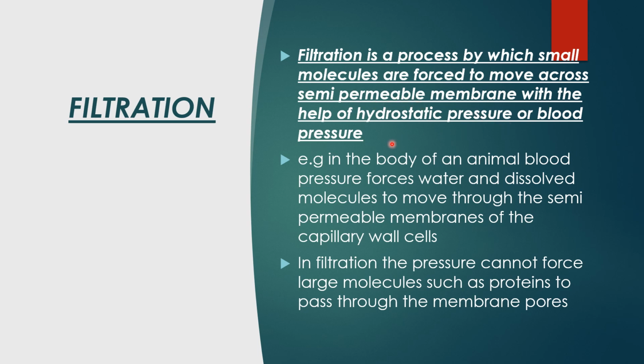It means materials are moving out of the cell membrane by the help of blood pressure. For example, in the body of an animal, blood pressure forces water and dissolved molecule to move through the semi-permeable membranes of the capillary wall cell.